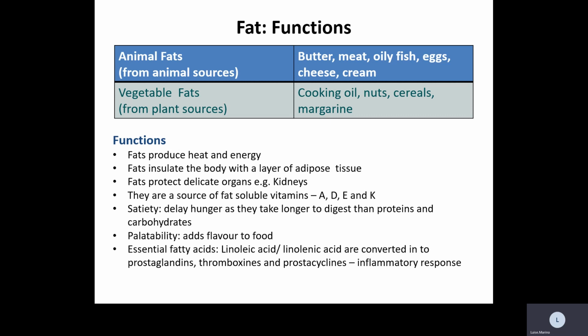They are polyunsaturated fats, but they are omega-3. And then you've got vegetable fats that come from plant sources: cooking oil, nuts, cereals, and margarine. They can represent omega-3, 6, and 9. Animal fats tend to just be saturated fats.